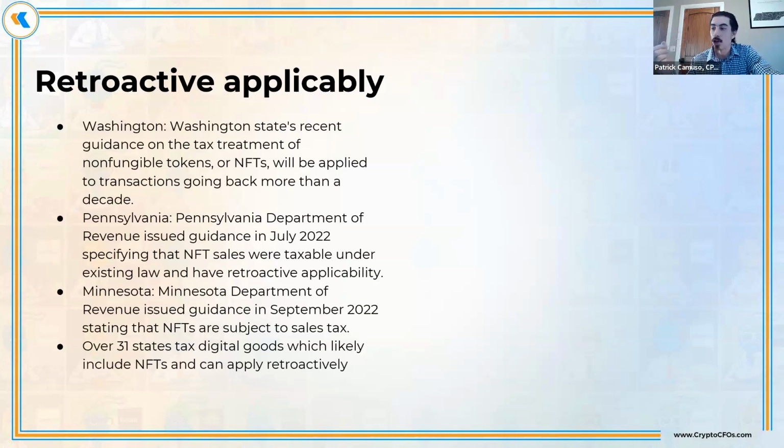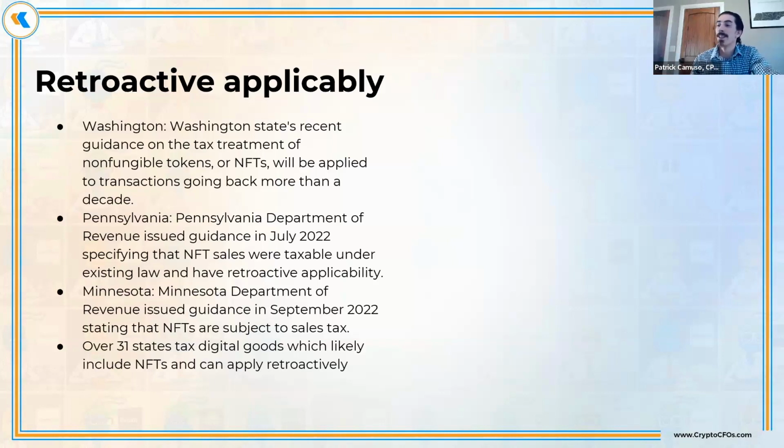And again, I want to stress the sourcing hierarchy, because even if you haven't collected the customer's addresses, all those sales can get sourced to the state in which the seller is operating, in which case they can become on the hook for all of those sales. And again, there are over 31 states that tax digital goods that likely will include NFTs, and then also open up this retroactive taxability.